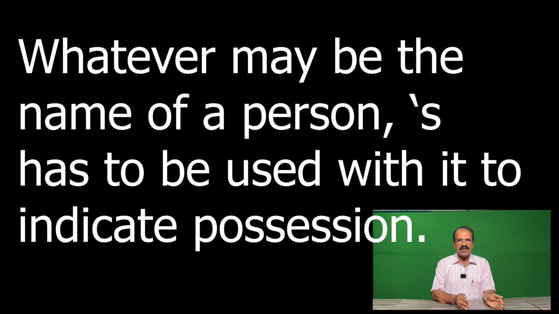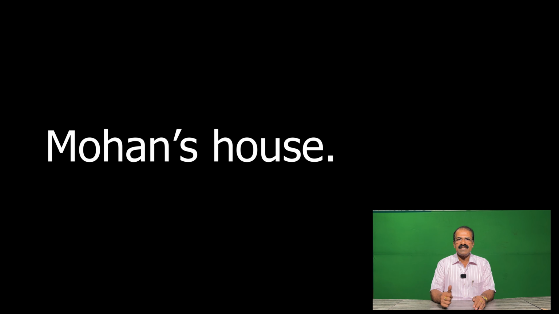The rule says that whatever may be the name of a person, to indicate his or her possession, you have to make use of apostrophe S. I'll give you some more examples. Mohan's house. The last letter of the name Mohan is N. So after N, you put an apostrophe, then use S with that. So apostrophe S is used to indicate Mohan's possession.